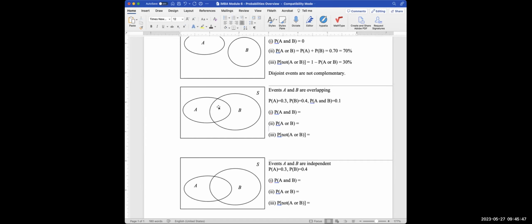Yes, we're going to call it A and B. So A and B is the overlapping part. Do we know the probability of A and B in this first diagram? No, you did the overlap, sorry. But for the overlap, I give it to you here. I tell you that it's 10%. I have to give it to you, otherwise you wouldn't know.